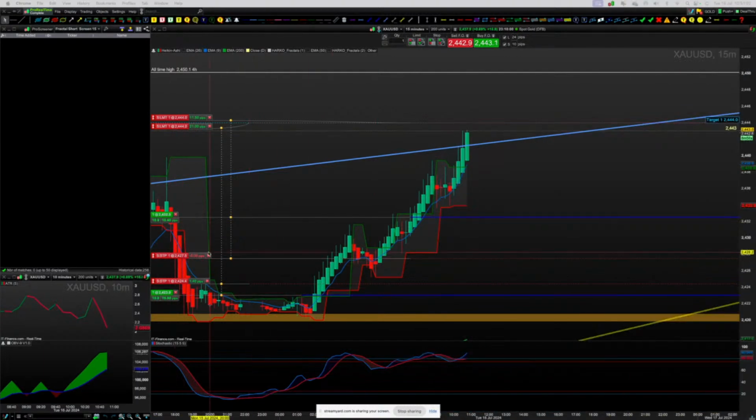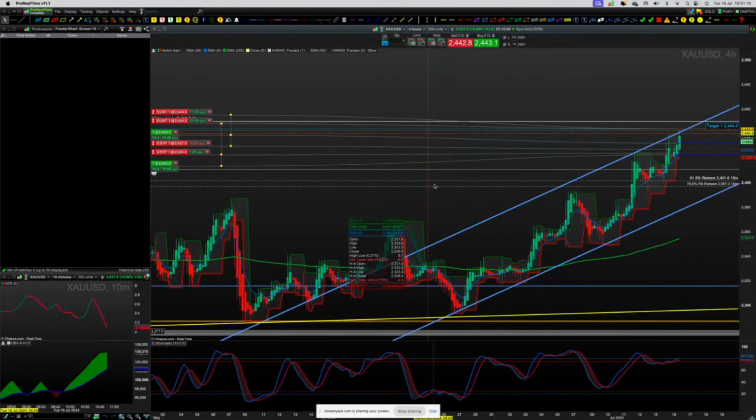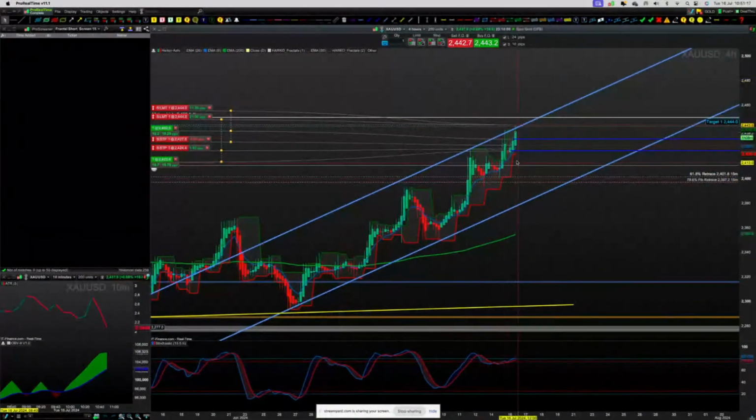We had a 5 pip stop, and we're going for... We're already up 2%. So that's very nice. And I mentioned on that, watch out as it's breaking out of this channel.